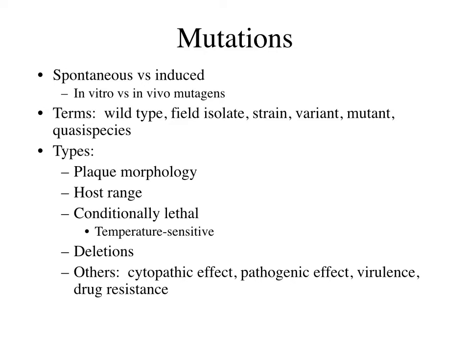Likewise, a sample taken from a virus culture or an infected animal will contain numerous virions, many of which vary slightly. Consequently, a virus, a strain, a variant, or an isolate always refers to populations and not to single physical entities, and their descriptions are therefore based on average properties. Now let's consider some common types of virus mutations.